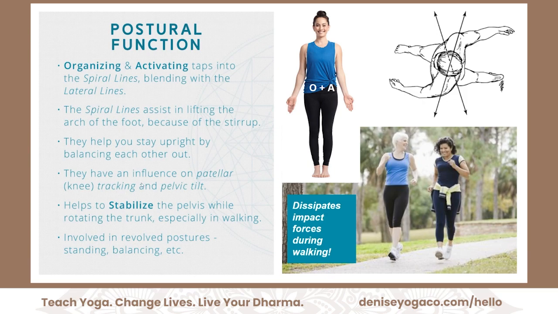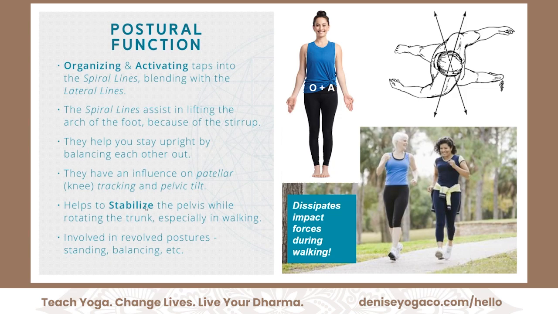Okay, so we looked at the superficial back line and front line and lateral lines in terms of what happens at the pelvis, right? The pelvis is such a hub of movement and stability, and it really needs good awareness and control around it. So the spiral line is also influencing that.